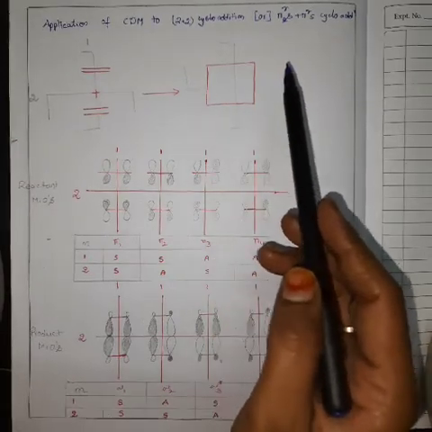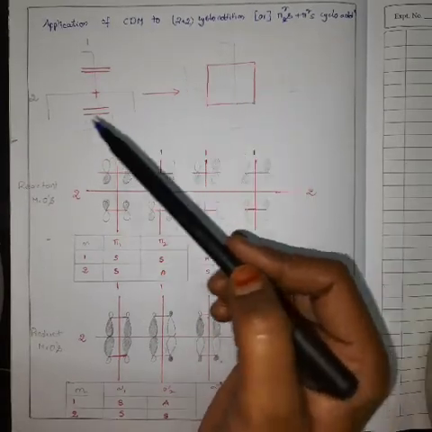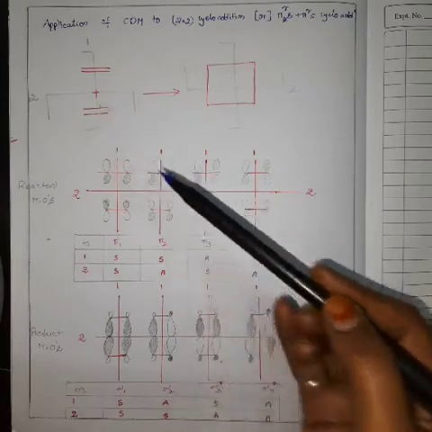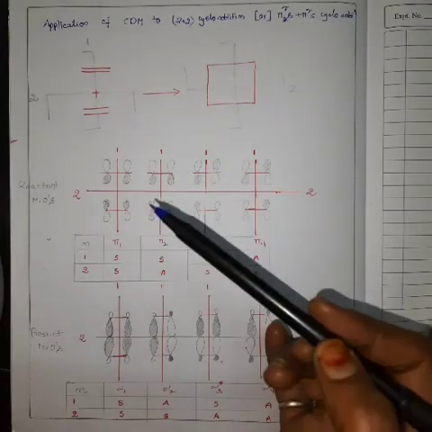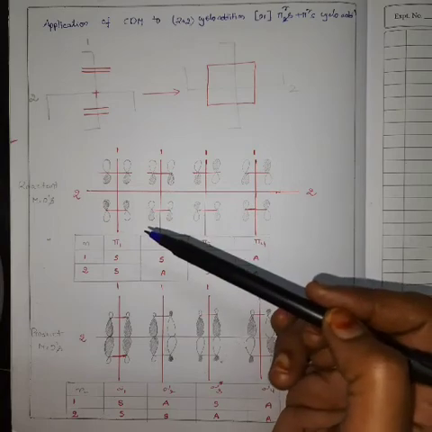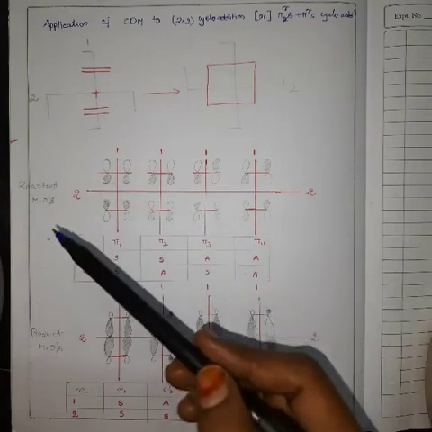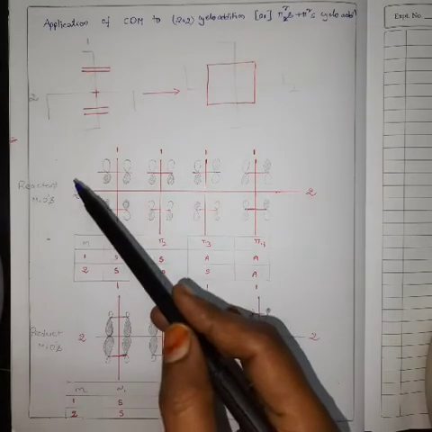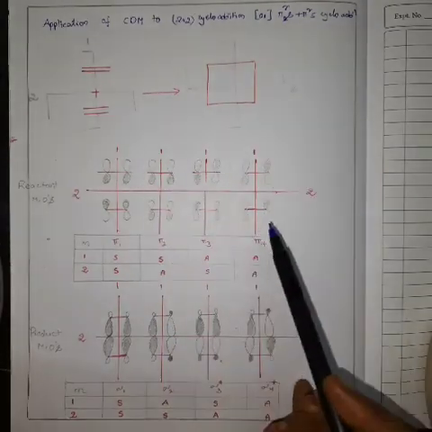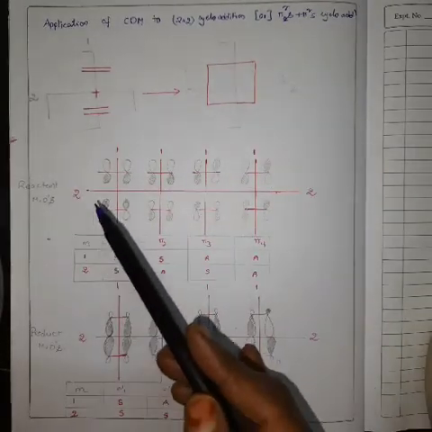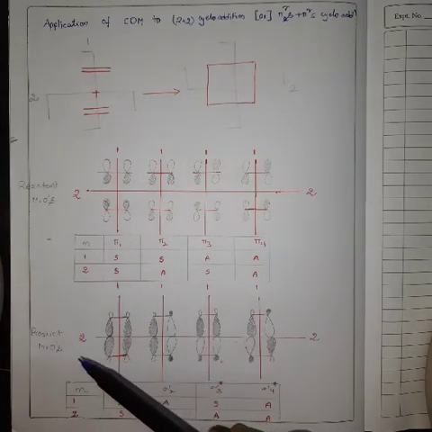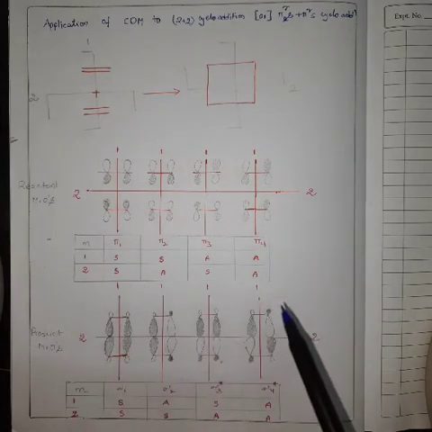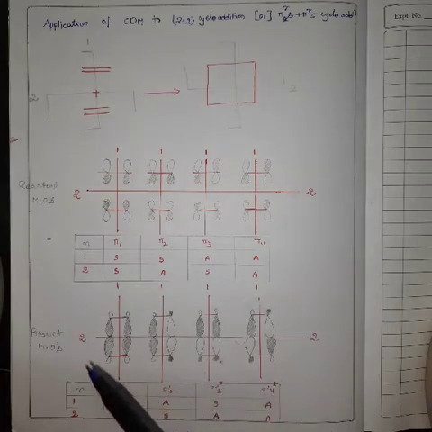To apply the correlation diagram to this system, we must first write the molecular orbitals and their symmetry. These are the reactant molecular orbitals involved in this reaction, and these are the product molecular orbitals.